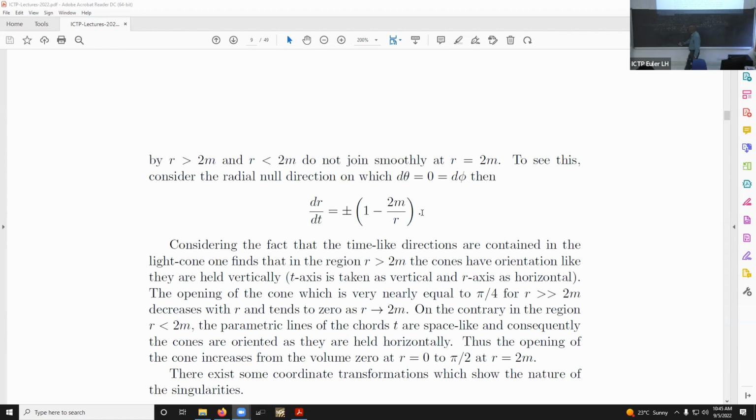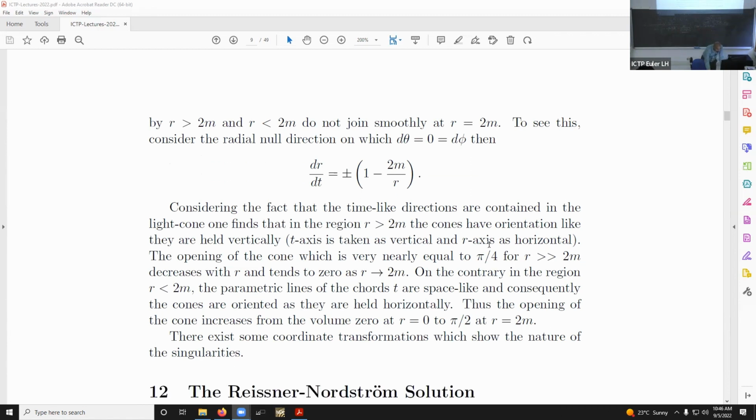Null direction, I defined that here. Null direction means ds square equal to 0, d theta equal to 0, d phi equal to 0. These are 0, and only the first two terms will be left, and from that you can define this dr by dt, and this will give you this picture when r is greater than 2m, r is less than 2m, and so on and so forth.